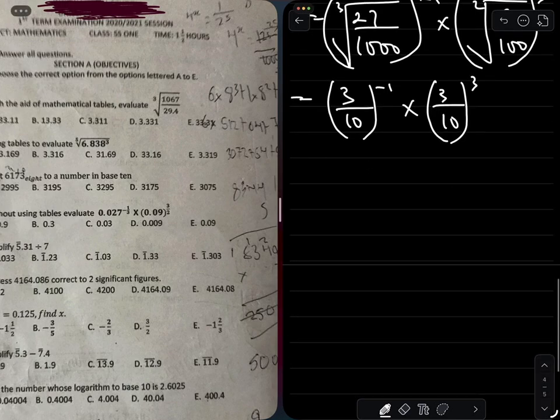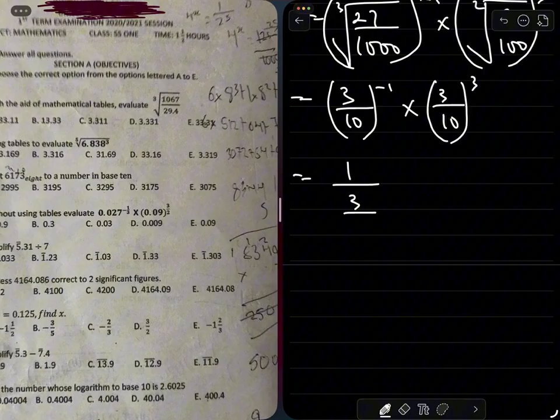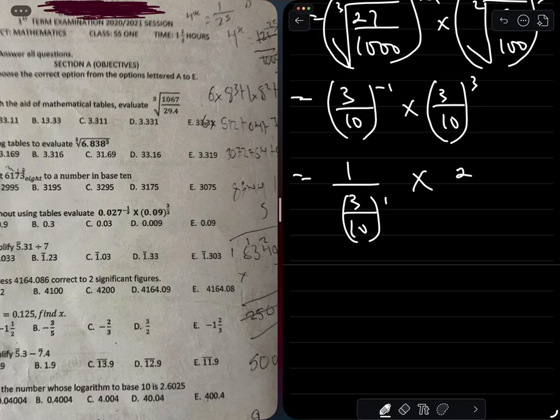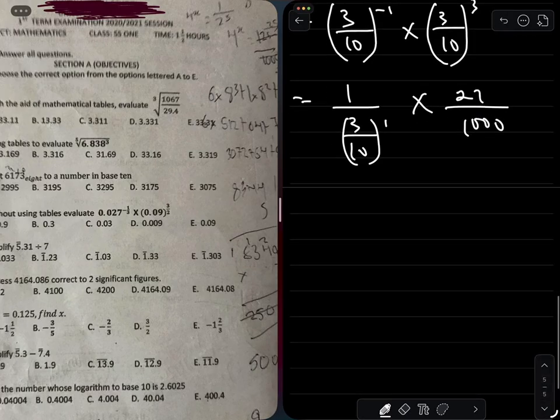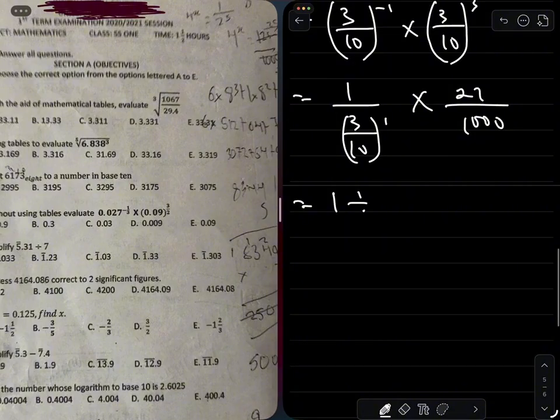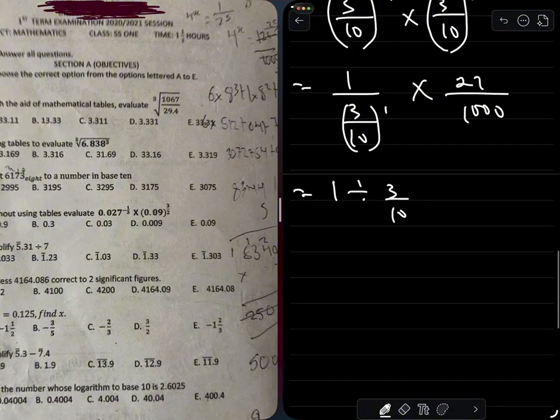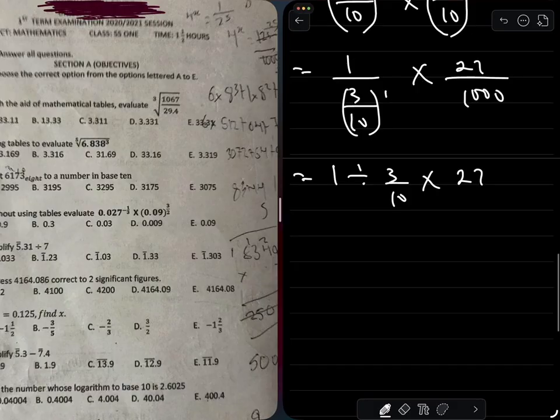So that becomes what? Raised to power minus 1 means 1 over 3 over 10 raised to power 1, times 3 raised to power 3 is 27, 10 raised to power 3 is 1,000. This is 1 divided by 3 over 10, times 27 over 1,000.